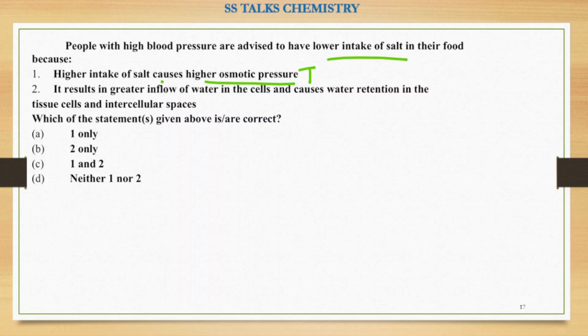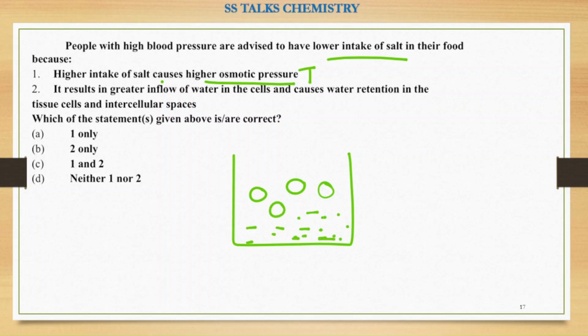Next, it says it results in greater inflow of water into the cells and causes water retention in the tissue cells and the intracellular spaces. So what is basically happening, if you take more salt, this is the cell that we have in our body, the outside solution is going to have higher osmotic pressure.